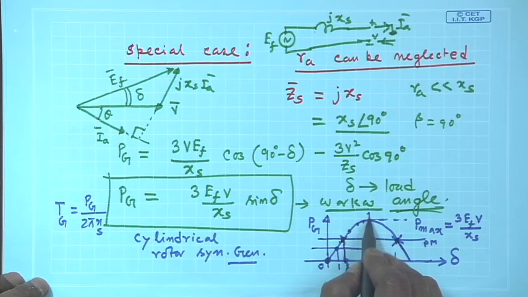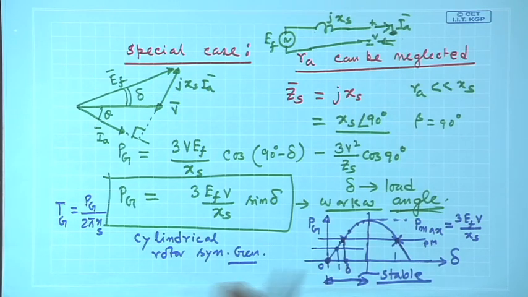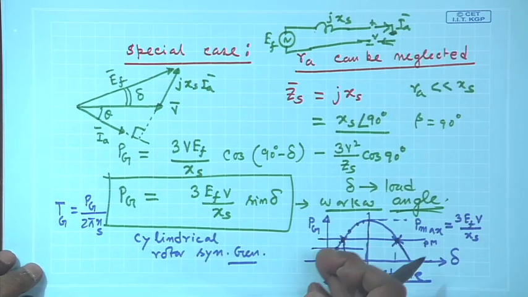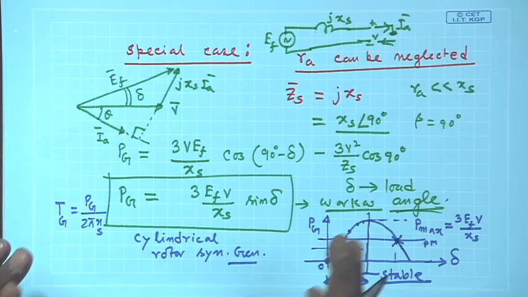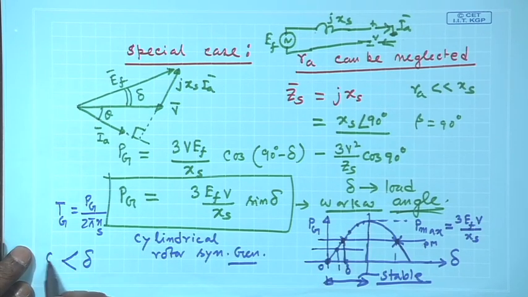So, up to delta equal to 90 degrees, this is the stable operating point. Like the induction motor I explained, it can be explained in this way too. So, the P-delta curve is the most important curve of a synchronous machine. Neglecting Ra, it becomes much simpler like this, and delta generally varies between 0 and 90 degrees.